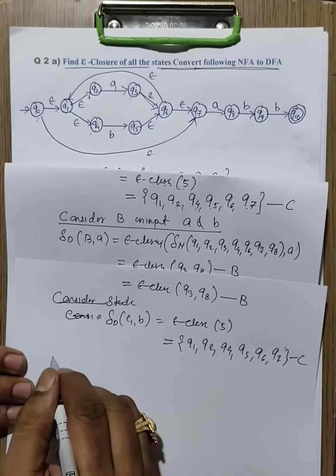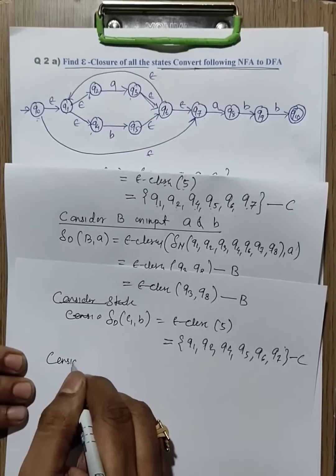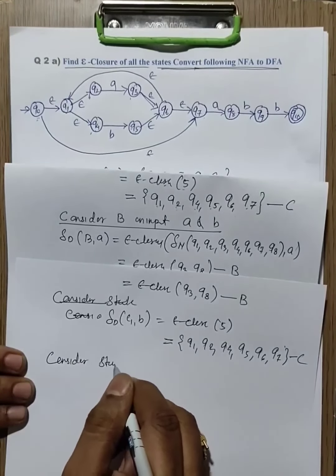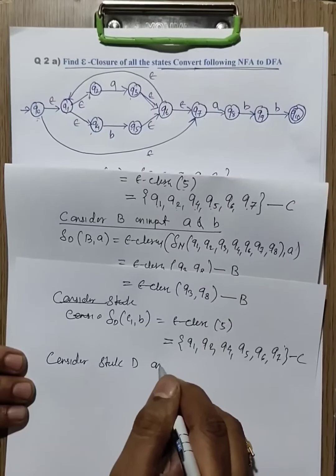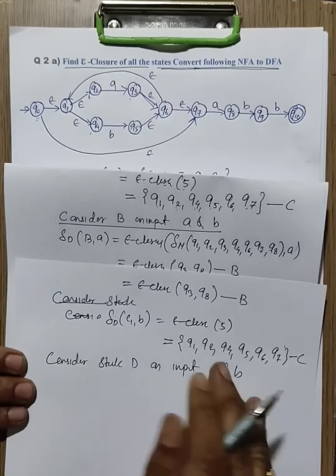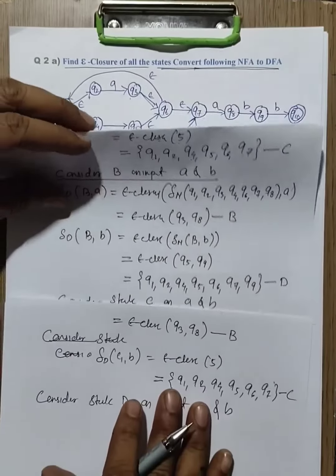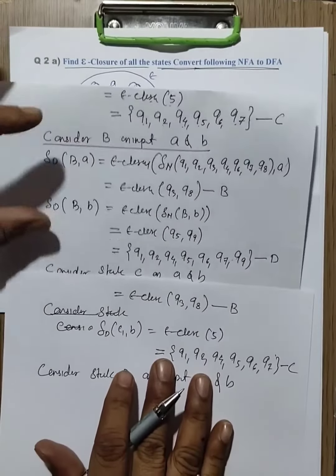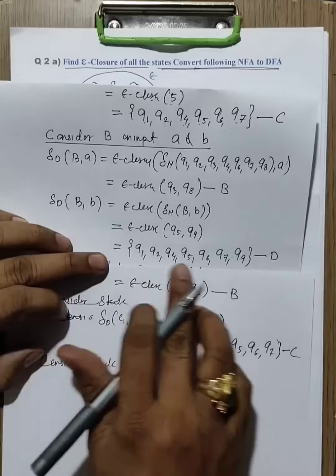Next state D, on input symbols A and B. So what is D for us?